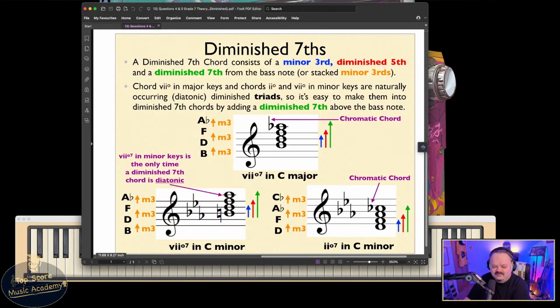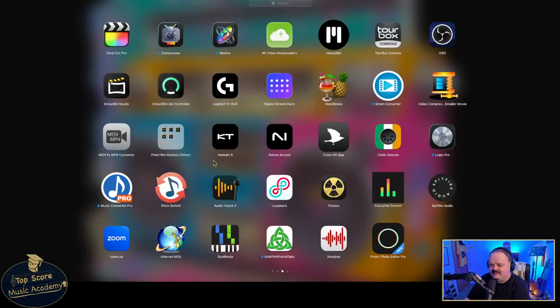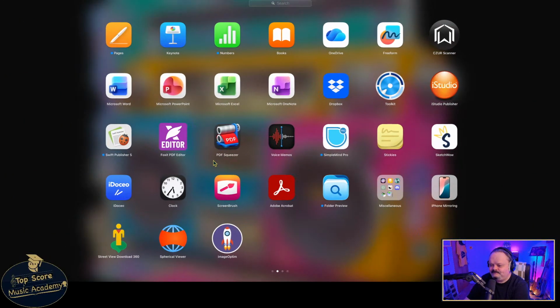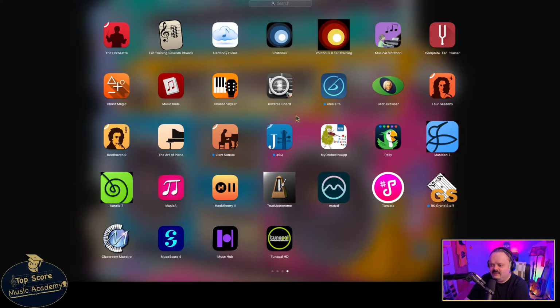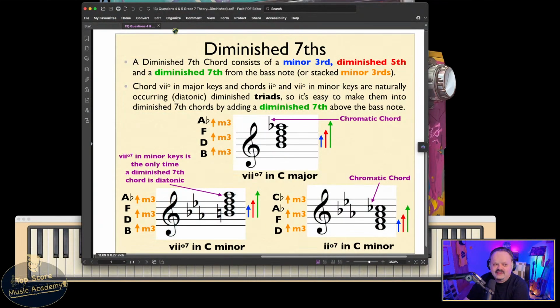So there's a wee app, as there always is. If I go to Launchpad and see if I can find it for you guys. Oh, it's the other way. It should be the seventh one. Oh, there it is there. So I'm just going to open that up just to get it ready for later on.